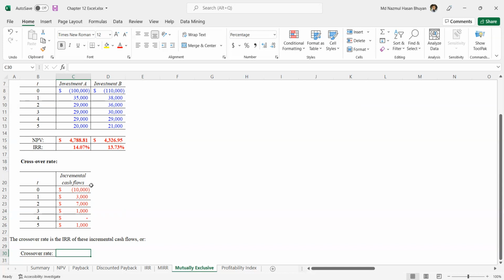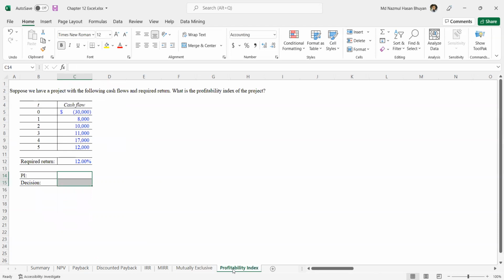So I intentionally choose to take the difference between investment B cash flows and investment A, so that I just get a conventional cash flow. Now I have my conventional cash flow, therefore I can apply the IRR formula. Now crossover rate here is 9.36%. So at this rate, you are indifferent between investment A and investment B.